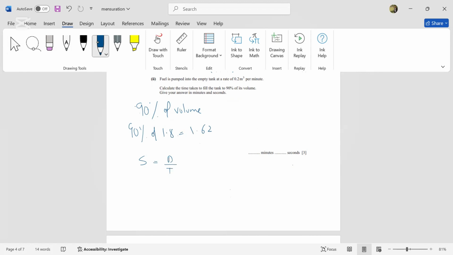Now over here, it gives us 8.1. It means it is 8 minutes and 0.1 multiplied by 60, because it is 0.1 of a minute.